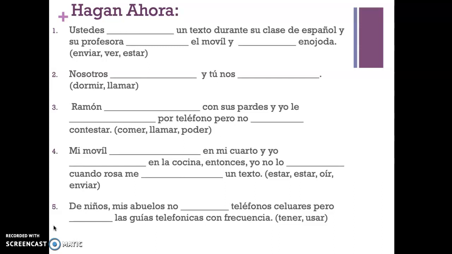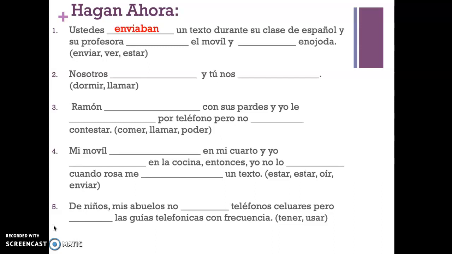Clearly, you were still doing this when your teacher saw your phone, and then she was very angry. Sending a text message will be done in the imperfect because that was an ongoing action that was ultimately interrupted by your teacher. So the conjugation would be enviaban.